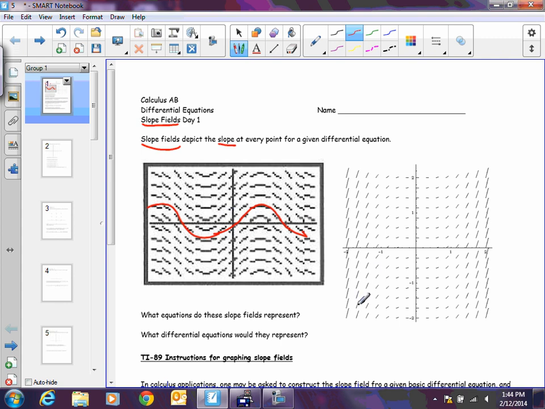So this one over here, what do you think this one is? Yeah, probably a cubic of some sort. These derivatives would represent the derivative of a cube, which would be what type of function? Quadratic. Yeah, so this differential equation would be quadratic here.